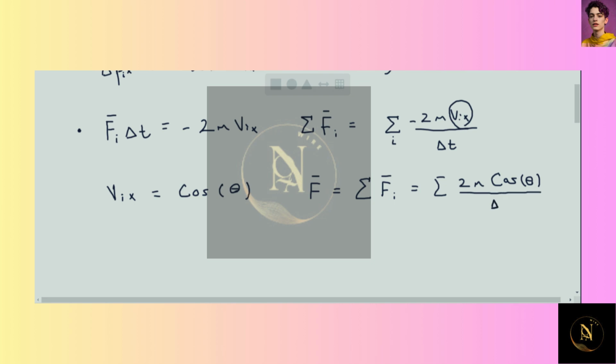So we can now see that there's no i index here in this sum anymore. So that means that the sum is just going to equal what's inside times how many elements we're summing over, which is N, the number of molecules, or the number of collisions. So that will come out to be 2 m N v cosine theta over delta t.